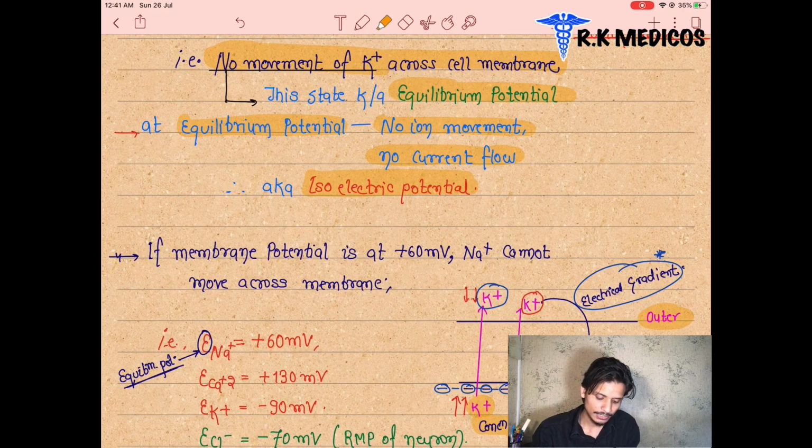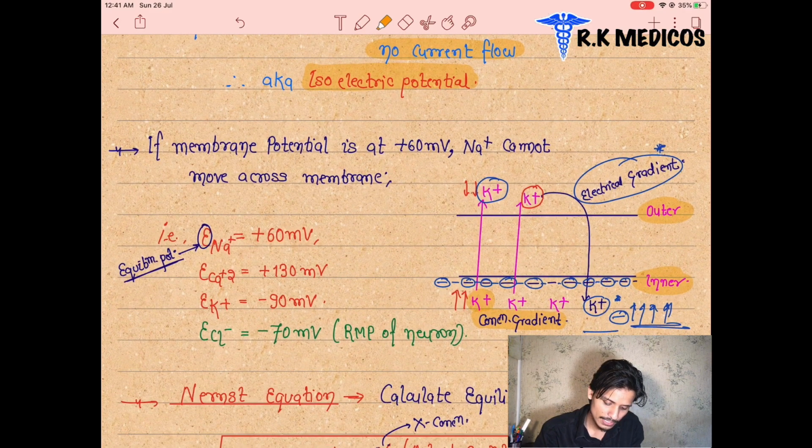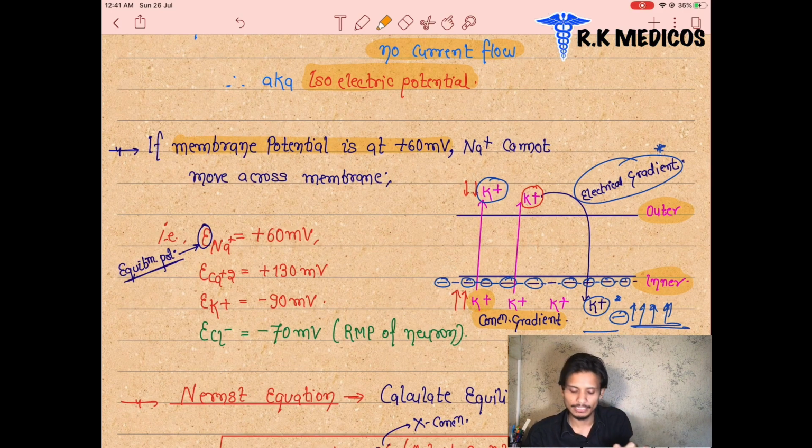Now, if the membrane potential is plus 60 millivolt, if a cell membrane has its equilibrium potential at plus 60 millivolt, then sodium cannot cross the cell membrane. They are not going to cross because sodium has reached its equilibrium potential.